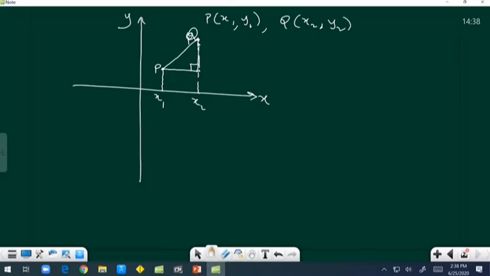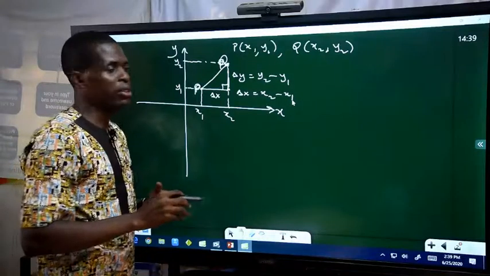This is point Q, remember, and here is point P. This point is y1 and here is y2. The distance between this point and here can be given as delta y, and that is y2 minus y1. And the distance here, delta x, is equal to x2 minus x1. If we look at the shape there, we have a right angle triangle.